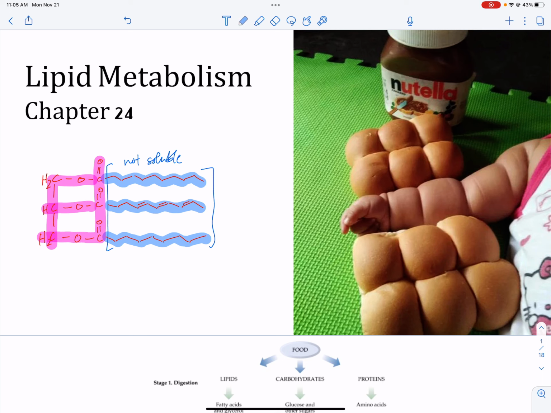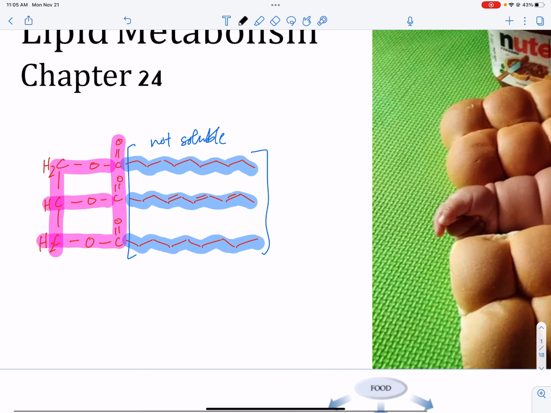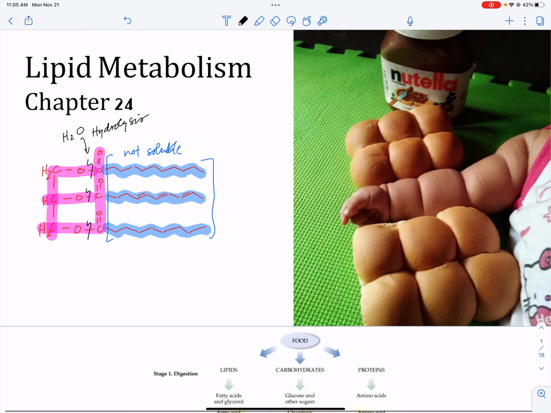And therefore, when we hydrolyze this, remember too, if I could draw maybe using a black line, where we hydrolyze these things with water are these bonds right here, the bond connecting the oxygen to the carbonyl carbon. And so we use water to perform hydrolysis of triacylglycerols, and the type of enzyme that will do this is a lipase.